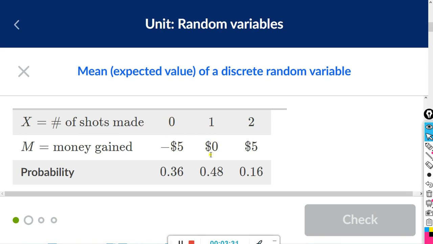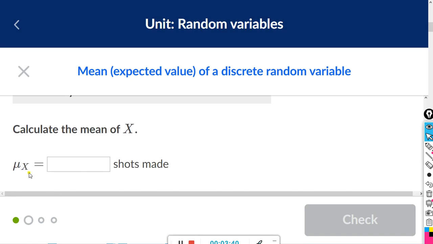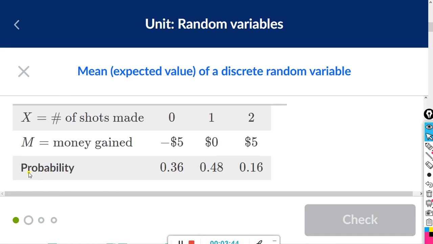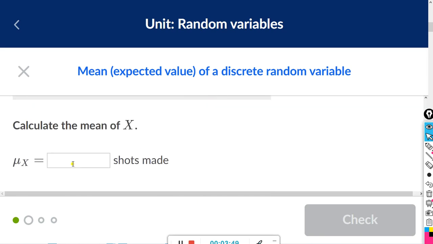He gets his $5 back. If he makes 2 shots, he gets his $5 back plus an additional $5. But they're not looking for the amount of money made. They're just looking for the mean of x, the number of shots made.